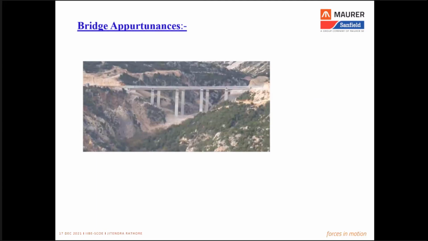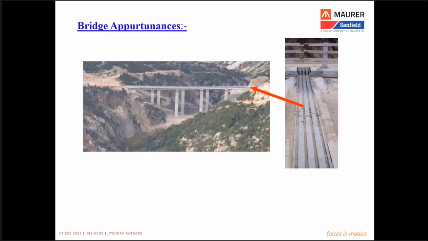When we talk in terms of bridges, bearings come under the terminology called bridge appurtenances. And along with the bearings in the bridge appurtenances, we also count expansion joints. If you are able to see my pointer on the screen, I am trying to point out where exactly these devices are installed.